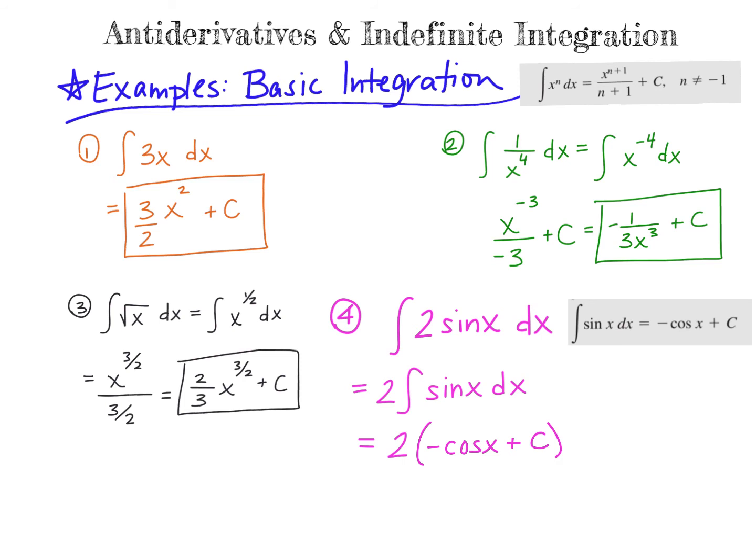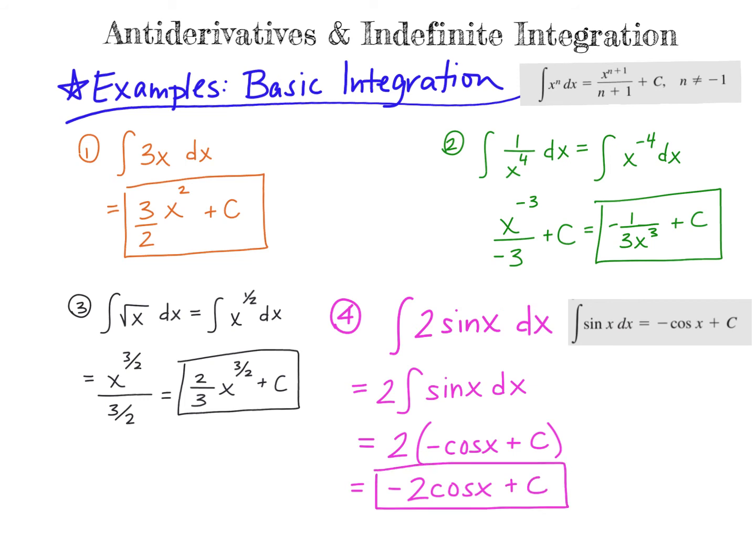I'm just replacing it. This, of course, is negative 2 cosine x. Now, we do not need to multiply by plus 2c. Since c is just a general constant, 2c is also just a general constant. So in general, all we need to ever write is just plus c to account for whatever constant that is.